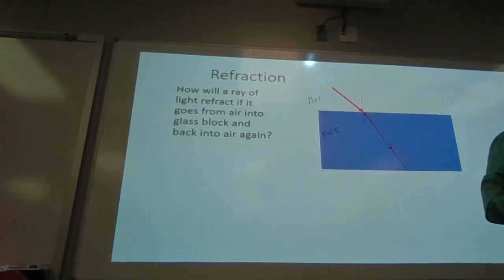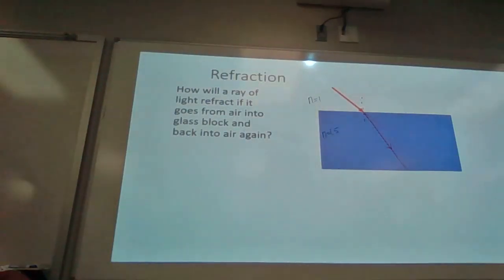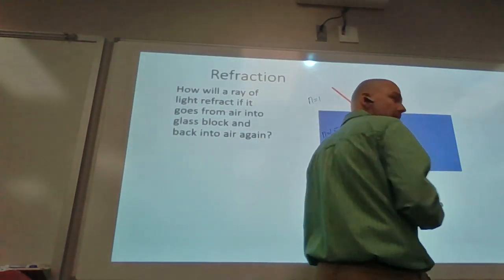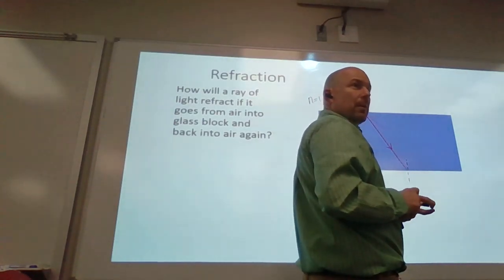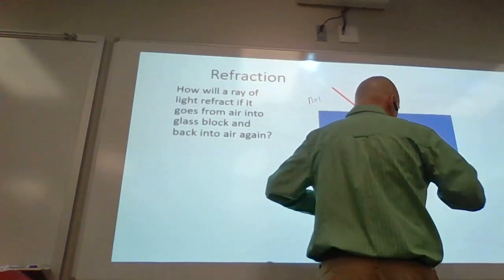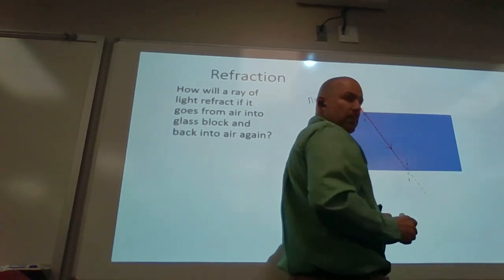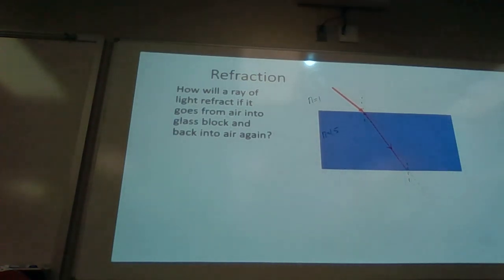Good with that? Now when it goes from glass back into the air, the normal line is like that, and it's going to bend away from the normal line. Here's the path of no refraction. Now, here's a special case scenario.